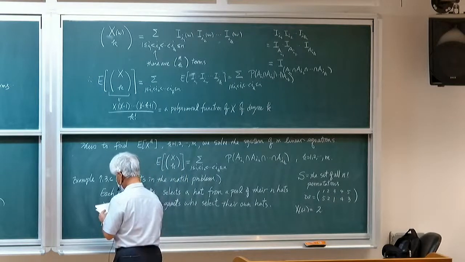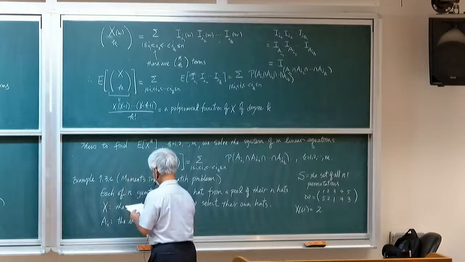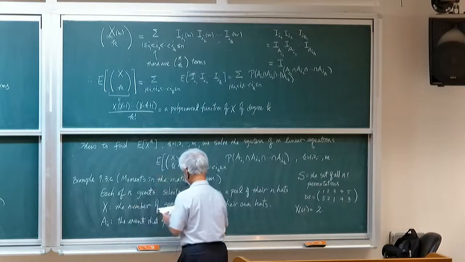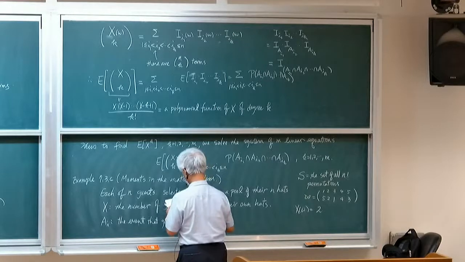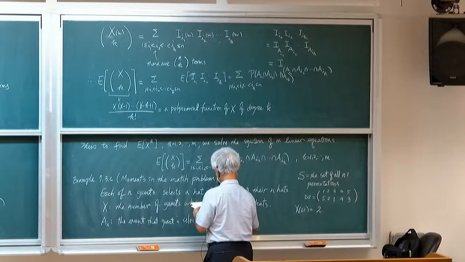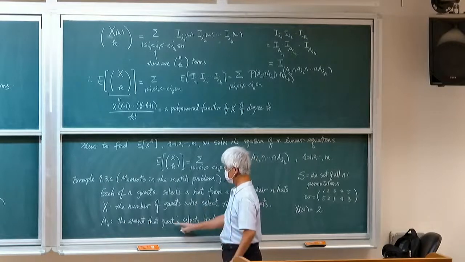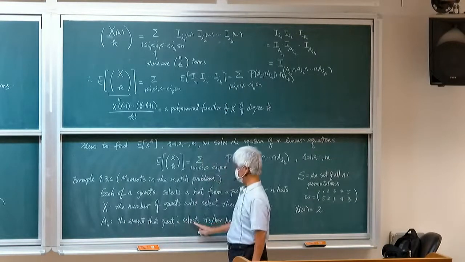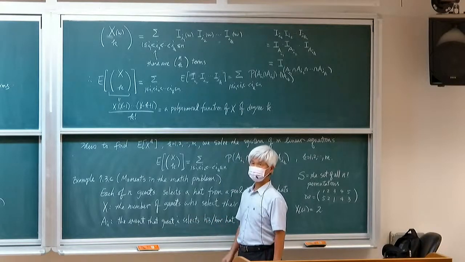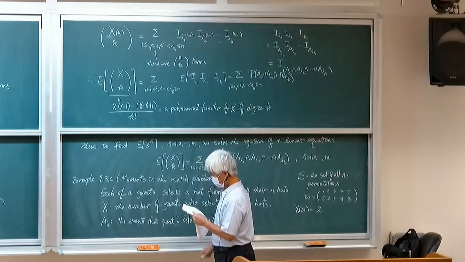So let A_i be the event that guest i selects his or her own head. So A_i is the event that for guest number i, this guest will select the correct head.